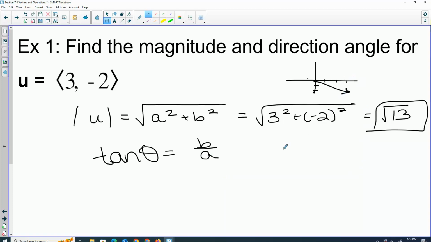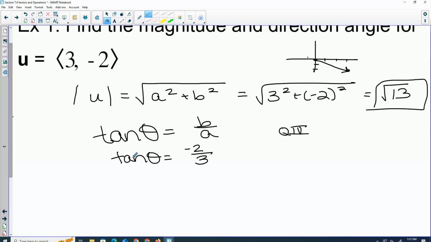We also do know what quadrant this one is in. 3, -2, that's in quadrant 4. So tangent, my b is -2, my a is 3. I don't know when tangent is 2/3 off the top of my head, so we have to do the quadrants and reference angles. We know we want it in quadrant 4. So to get our reference angle, just do tangent inverse of the positive 2/3.